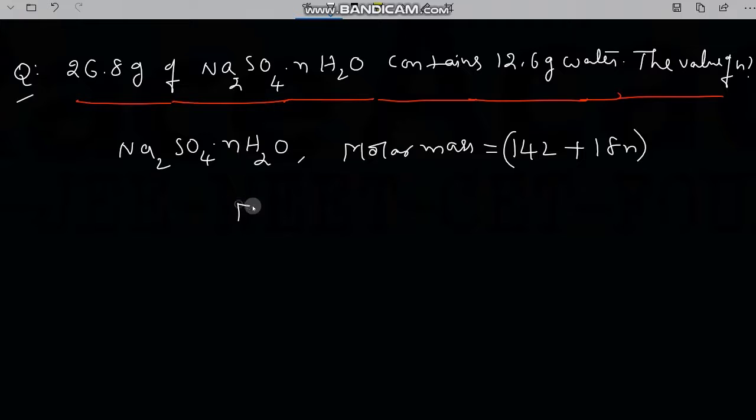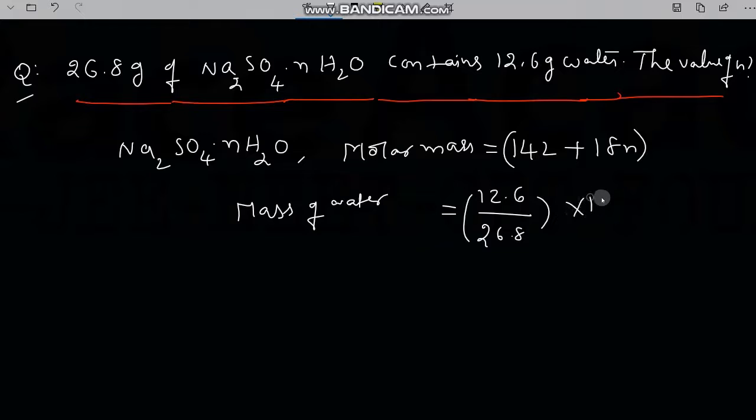Now what is the mass of water? The mass of water will be equal to 12.6 grams, which is present in 26.8 grams of this sulfate, multiplied by 142 plus 18n.